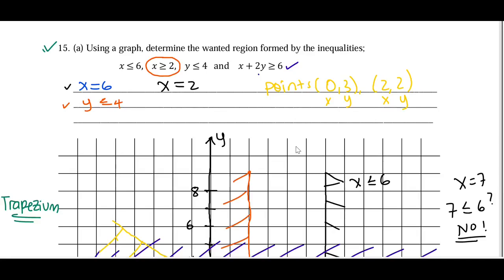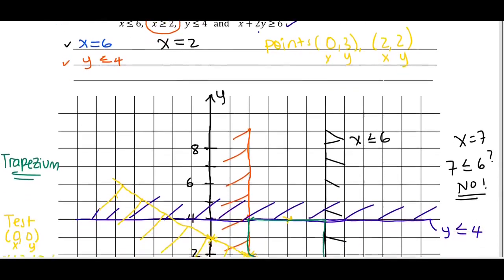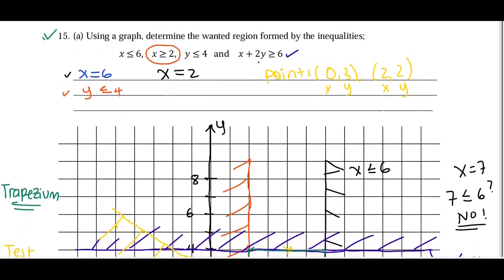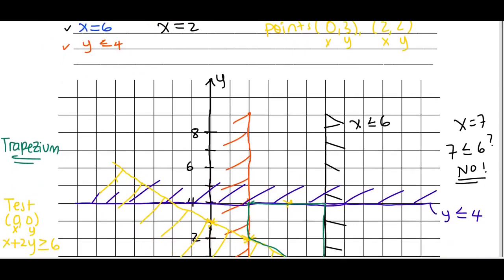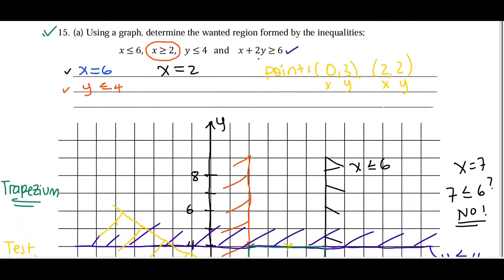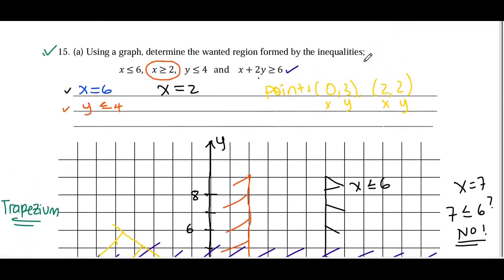We have represented the given inequalities on a graph, and we have shown the wanted region, which is forming a trapezium, by shading off the unwanted region. It has taken time, but this detailed explanation was very necessary.